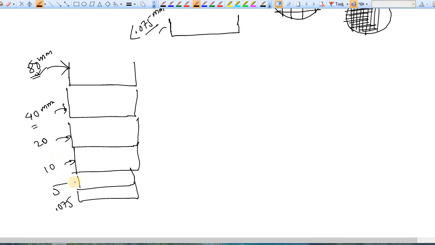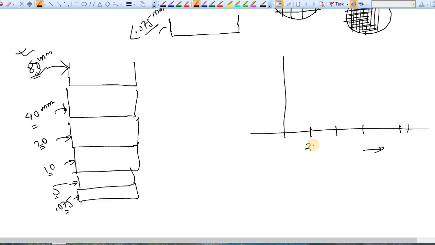And this is, let's say, 0.075, like that. Now one thing I would like to say here: how are the sieve sizes standardized in your standard code, or what is the basis of these sizes? The basis is that when you plot the grain size distribution in a graph, it should be plotted at equal intervals. Let's say this is 20 mm, this is 10 mm, this is 5 mm, and this is, let's say, 1 mm. In the grain size distribution curve, the x-axis is in logarithmic scale.